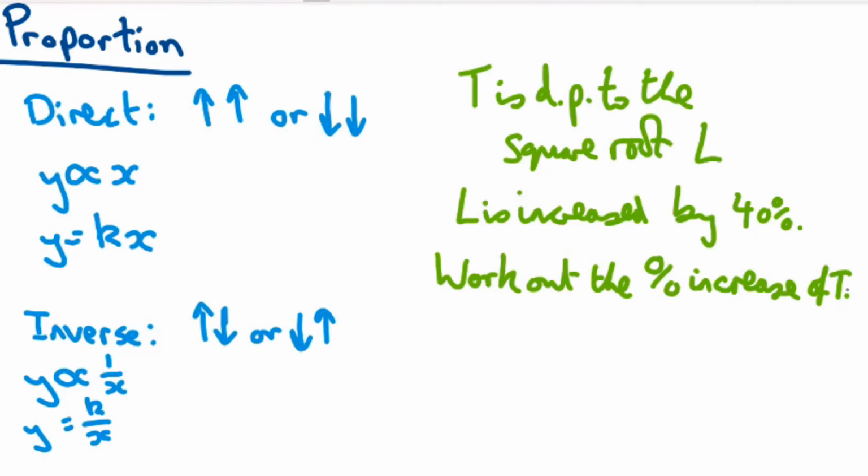And then, as you're trying to work out what T is becoming, maybe consider some rules from surds. Just a little hint. So yeah, pause the video, have a go for yourself, and then press play again when you're ready to compare.